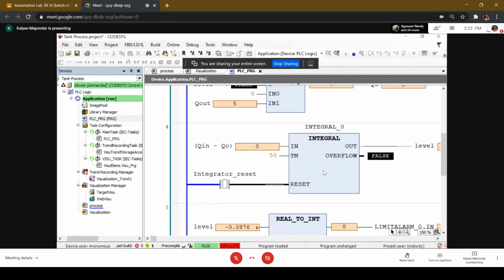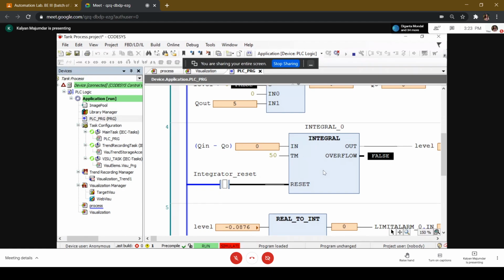Overflow in this block means the content of the integrator is so big, or so small if it's a negative number, that it cannot be represented by a 32-bit real number. If you use a long real, then it goes to a 64-bit representation. So overflow is not of much use in our case. You're basically interested in the input, reset is normally not required, and output is the integrated value.